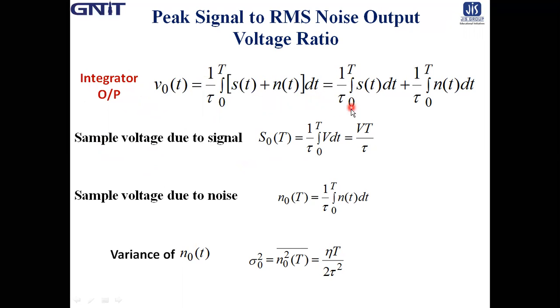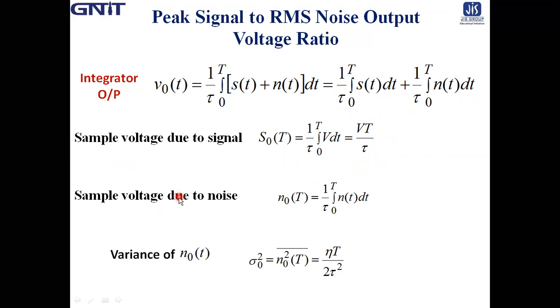So 1 by tau integration 0 to t s(t) dt plus 1 by tau integration 0 to t n(t) dt. Now the sample voltage due to signal, s0(t), equal to 1 by tau integration 0 to t of s(t), meaning plus V, into dt, that is Vt by tau.